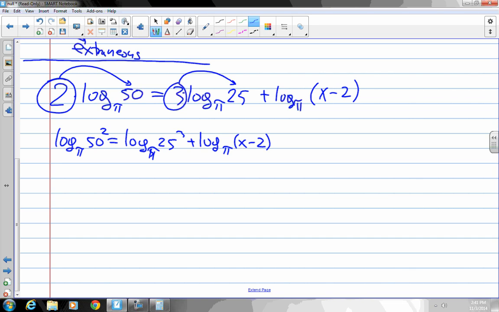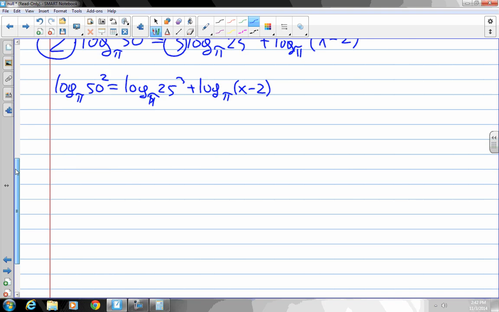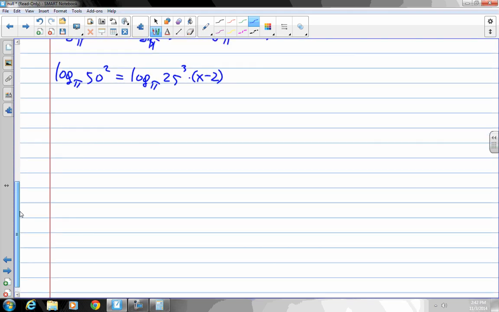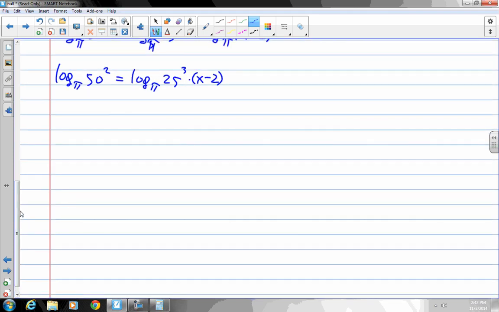So first get rid of the coefficients by throwing them back as exponents. Then I can combine the right-hand side into log base pi of 25 cubed times x minus 2. So the sum became a product. Right? So bases are the same.